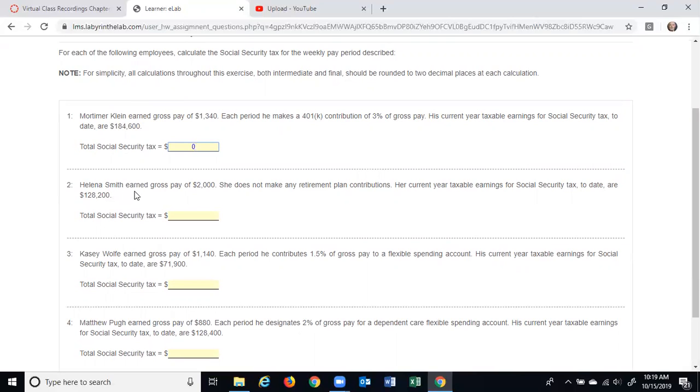Helena Smith earned gross pay of $2,000. She does not make retirement plan contributions. Her current year taxable earnings are $128,200. That means $200 of this amount is taxable by Social Security.